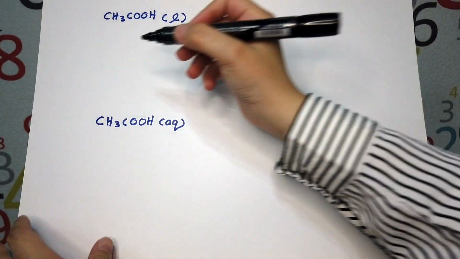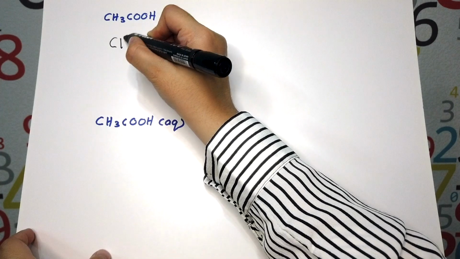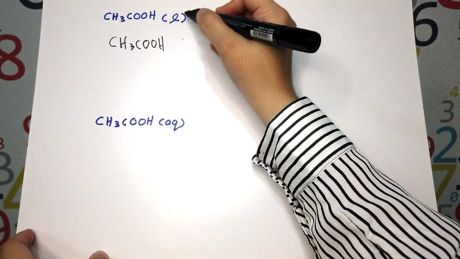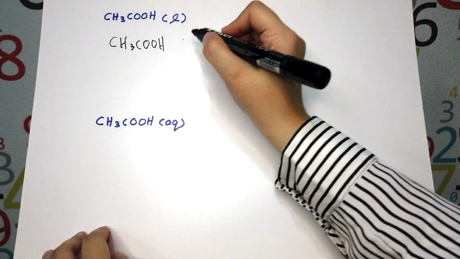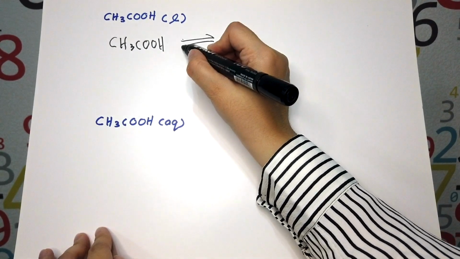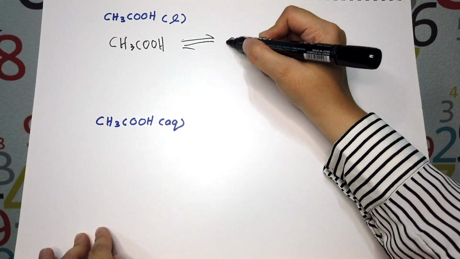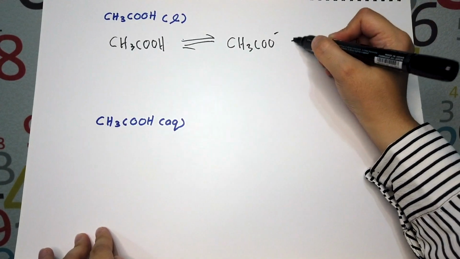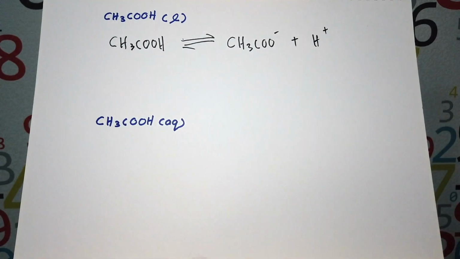So when it dissociates, because this is in liquid form, you do not need to add any water to it. So CH3COOH will dissociate into CH3COO minus plus H plus. Right, this is the balanced equation.